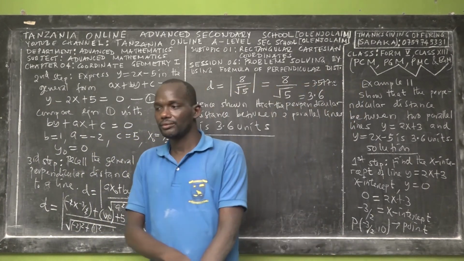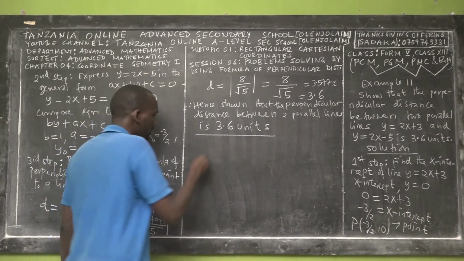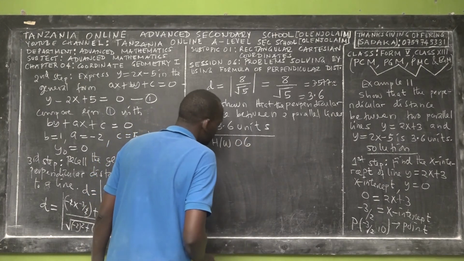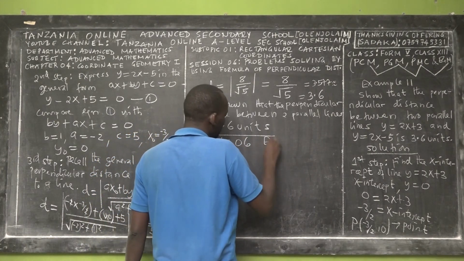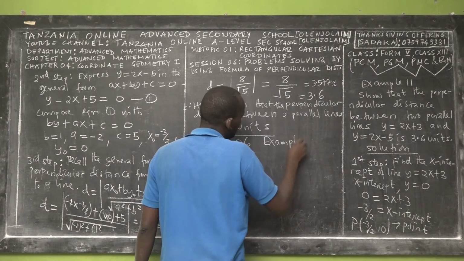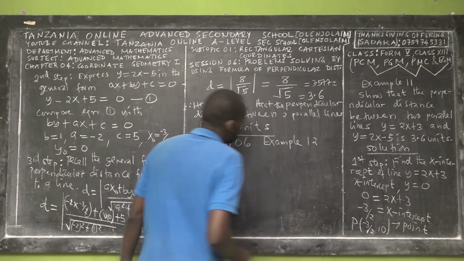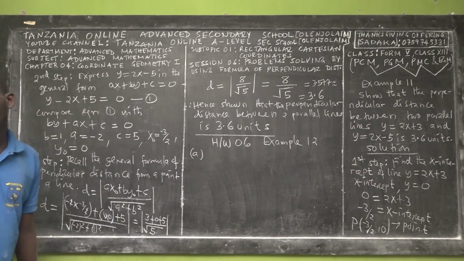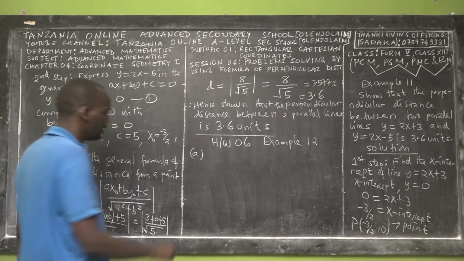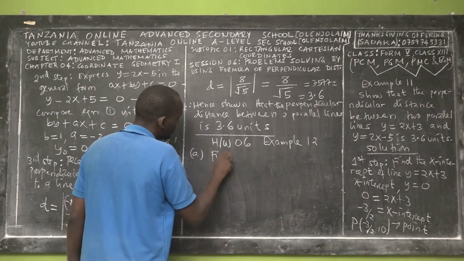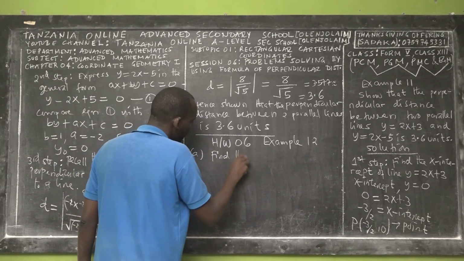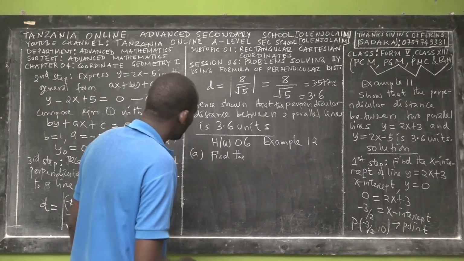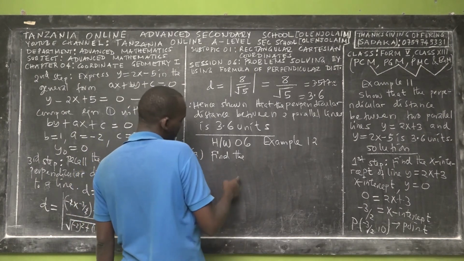Okay. So ladies and gentlemen, before I end this session, let me give you homework 6. And this will be example 12, where we have questions Roman A and Roman B. Find the distance. Just to test yourself, make sure to submit your homework in the comment section. Don't forget to subscribe for notifications of the future session.